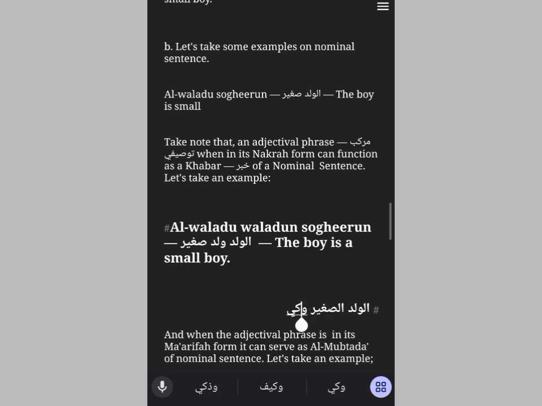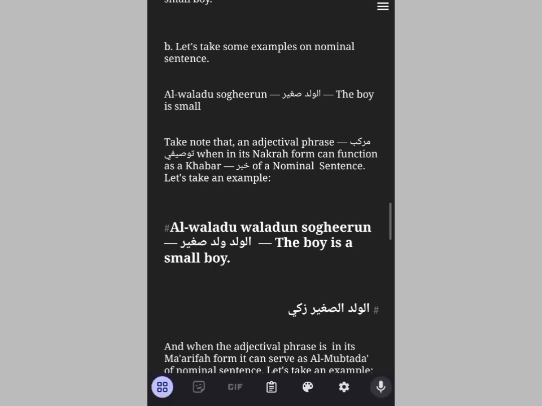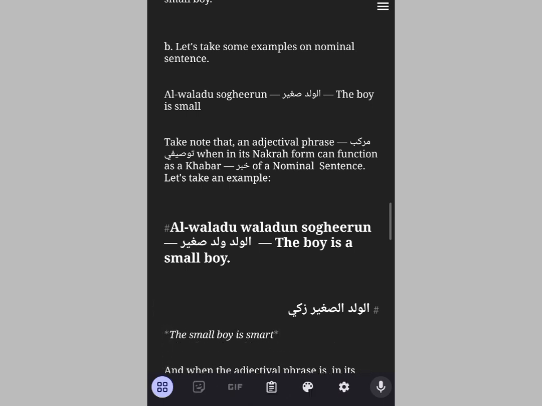Which means the small boy is smart. Alright, so that's what we have.